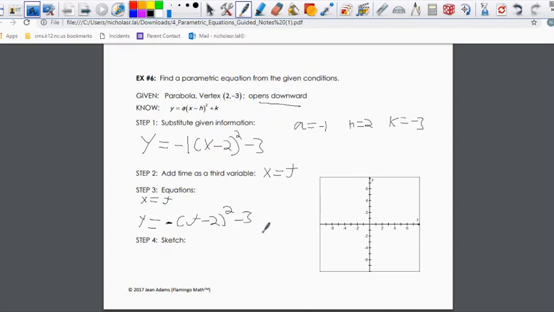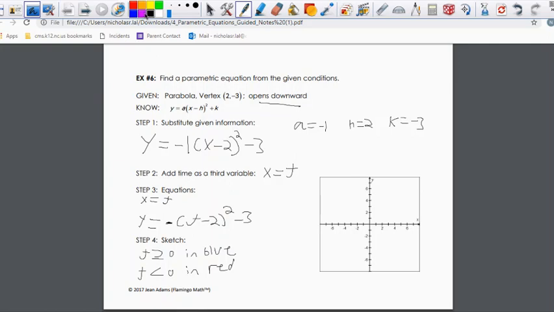All right. So when we sketch, we're going to sketch when t is greater than 0 in blue, and when t is less than 0 in red. All right.